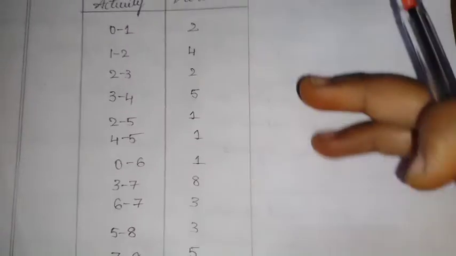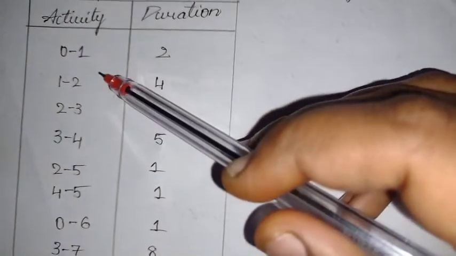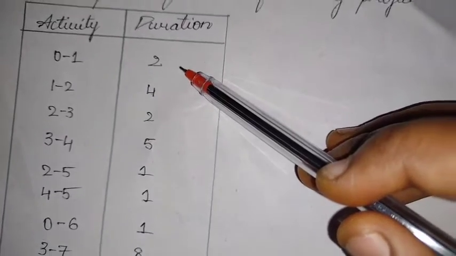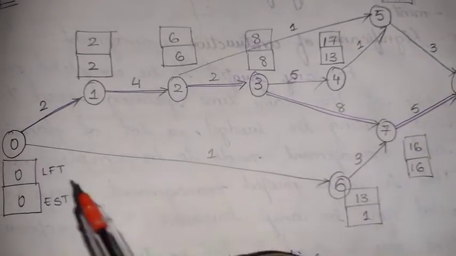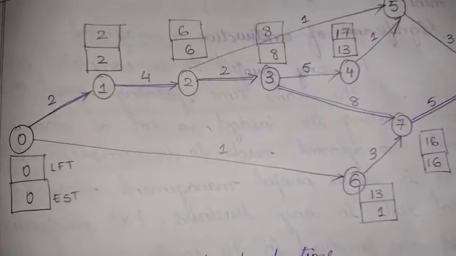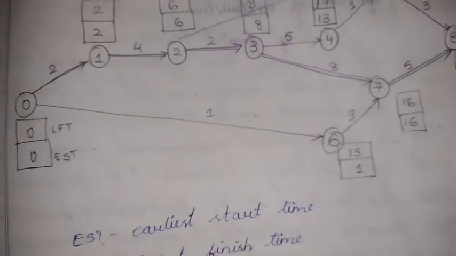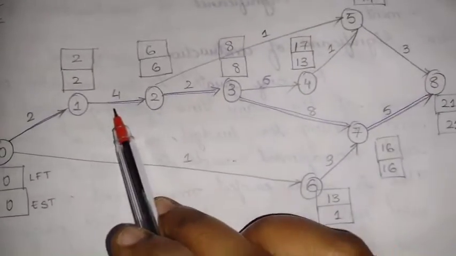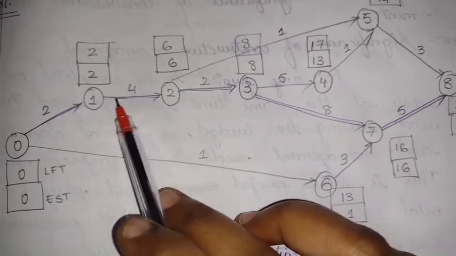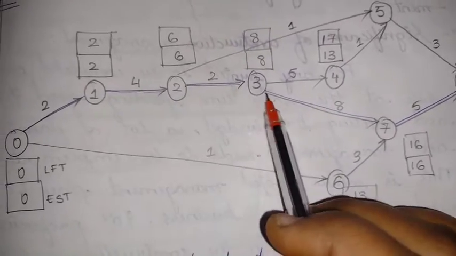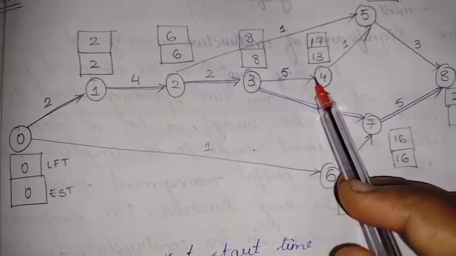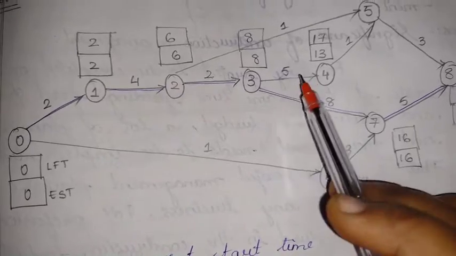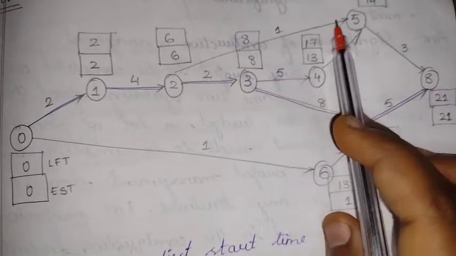See, initially we can see it is 0 to 1 with 2 duration. So we are drawing the diagram as 0 to 1, 2 duration, and next we have 1 to 2 as duration 4. Next 2 to 3 we have 2, 3 to 4 we have 5, but we also have from 2 to 5.